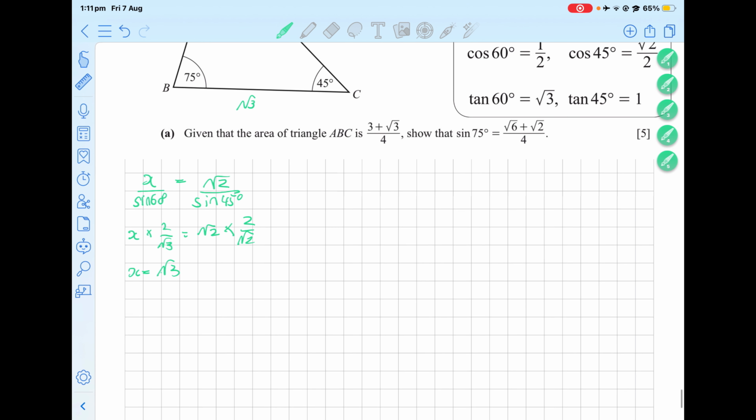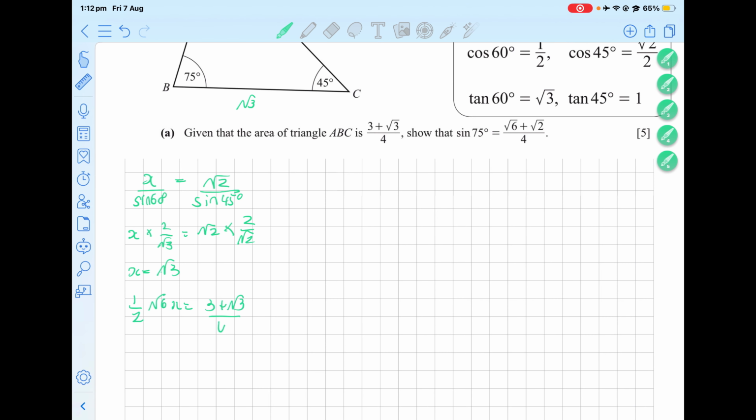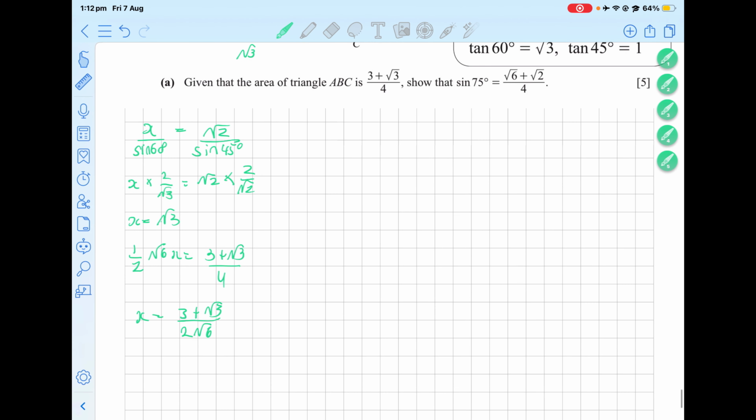Okay, so I could write this as half root 6. X is equal to 3 plus root 3 over 4. So x is 3 plus root 3 over 2 root 6. And this is sine 75.